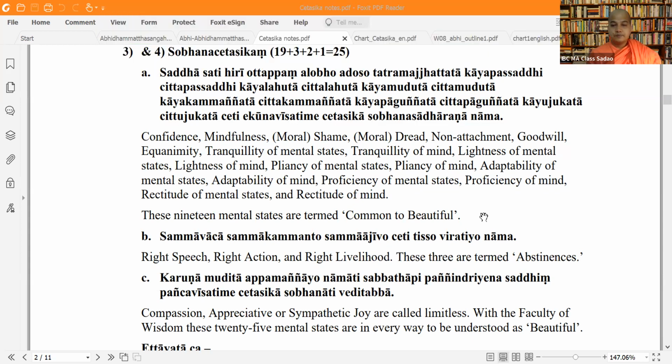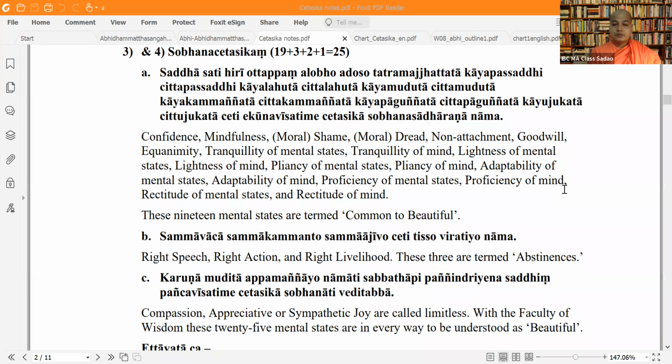So normally when you talk about right livelihood, for example, in the suttas, in the Dhammacakkappavattana Sutta, this appears in the list of the Noble Eightfold Path. A very general explanation that is attached to right livelihood is that you avoid 5 types of business, right?